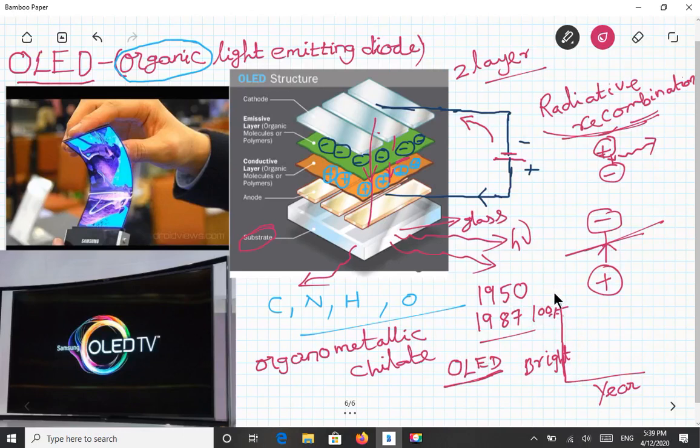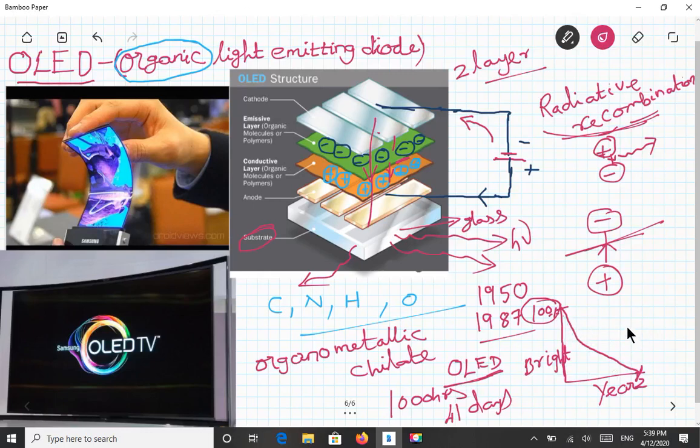Within 41 days, that is approximately 1000 hours, its brightness starts to decrease. Slowly it decreases year by year, and finally within 1.5 to 2 years, the brightness will be completely spoiled. So one of the biggest disadvantages is that its brightness gets decreased.